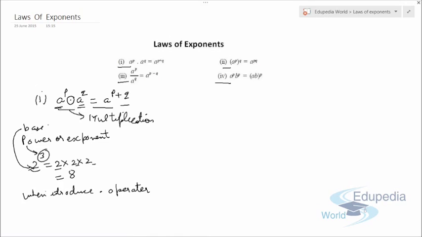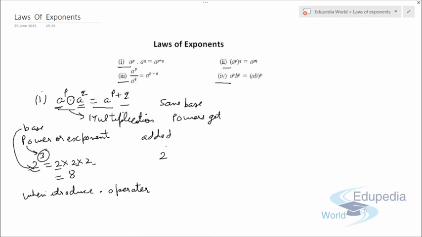So the first law is a raised to power p into a raised to power q equals a raised to power p plus q. Means whenever we have the same base, the powers get added. Let me clear this law with an example.